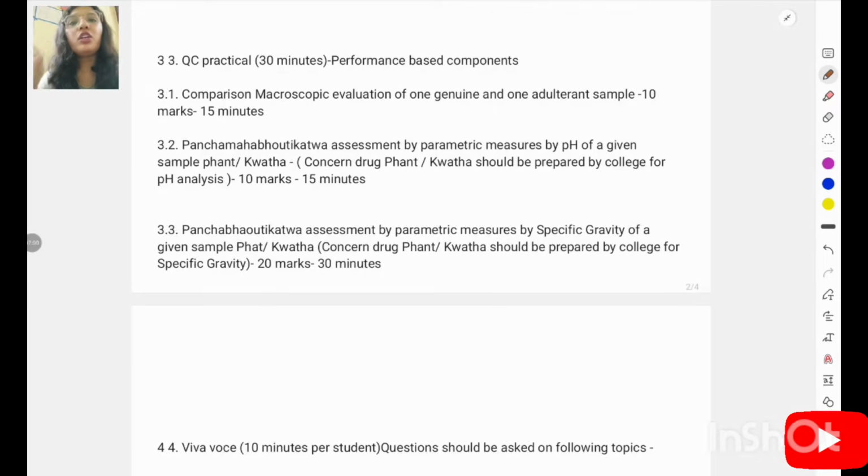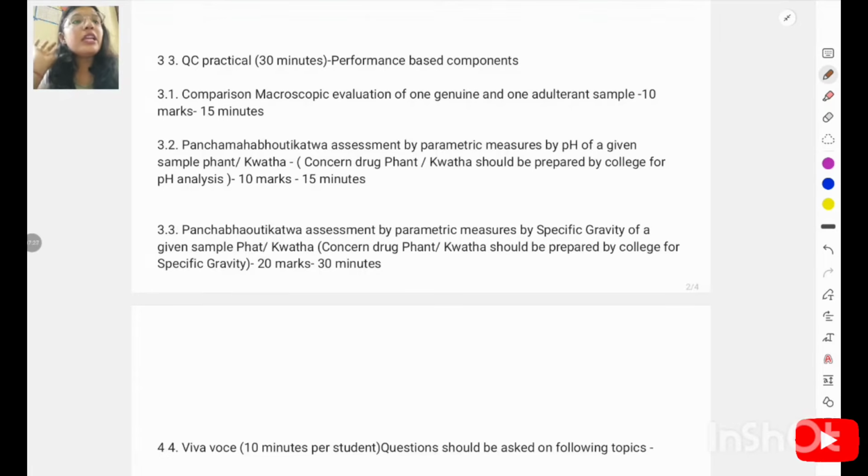Macroscopic means rasa, shabda, sparsha, all that you assess using your sense organs, and you mention it in the macroscopic features. You say this is the genuine drug because it has this rasa, this color, this sparsha. Through those features you differentiate between the genuine and the adulterated drug.